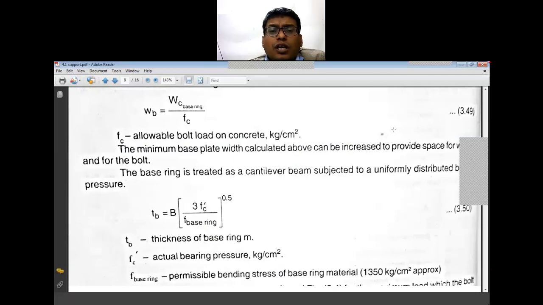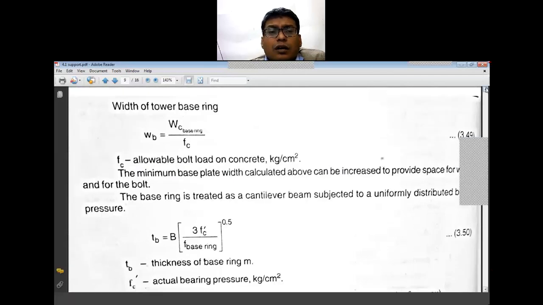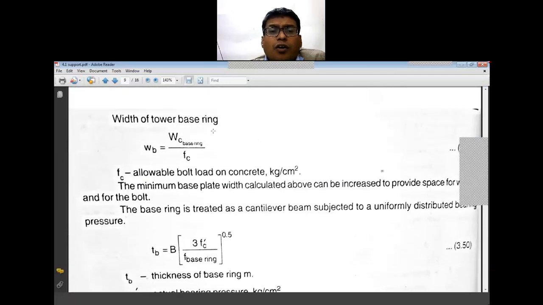So the width of the tower base ring, WB, is equal to WC base ring upon FC. FC is the allowable bolt load on the concrete, in kgs per centimeter square, and the minimum base plate width calculated above can be increased to provide space for the width and the bolt.